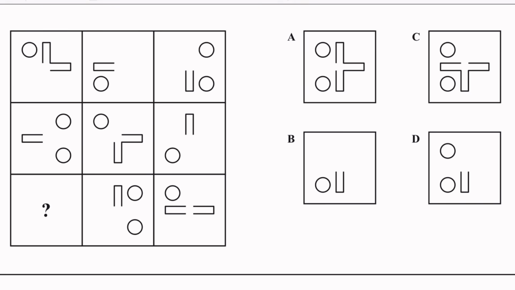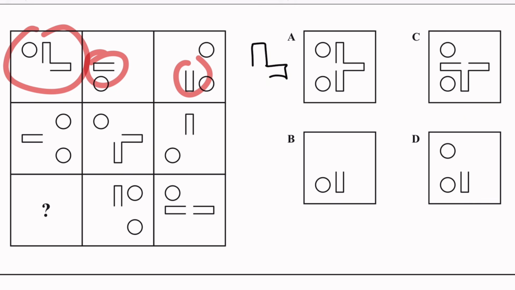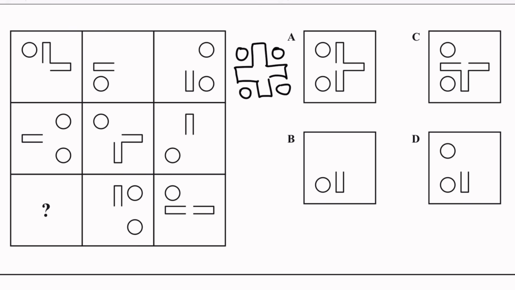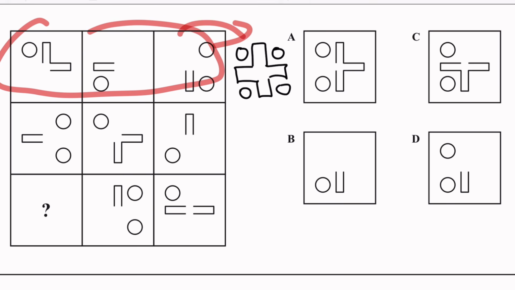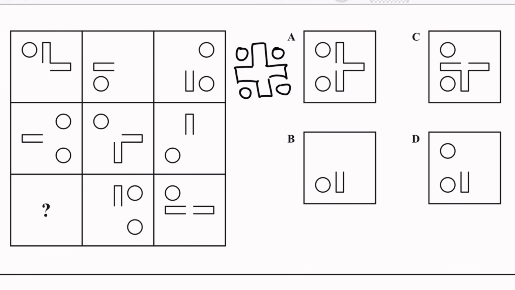And I think these bits add together to form a full cross, okay? A full cross with these circles on the outside, okay? That's what's happening here. So when we add up this row, we get this shape, okay? If you can visualize it, yeah?